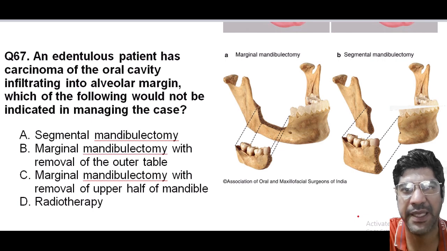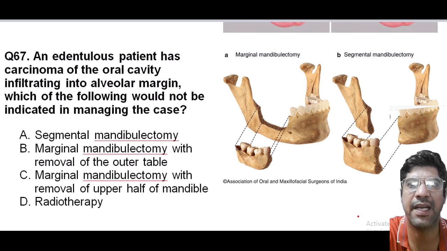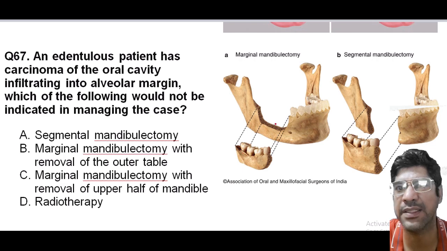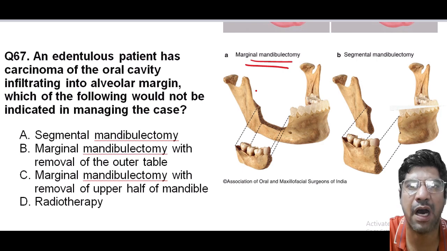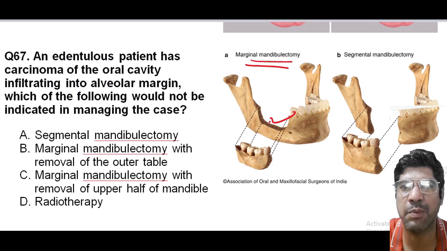So in management of a patient with carcinoma of the oral cavity that infiltrates into the alveolar margin, a marginal mandibulectomy involving the removal of the outer table only would not be indicated. This procedure would not result in total removal of the lesion.